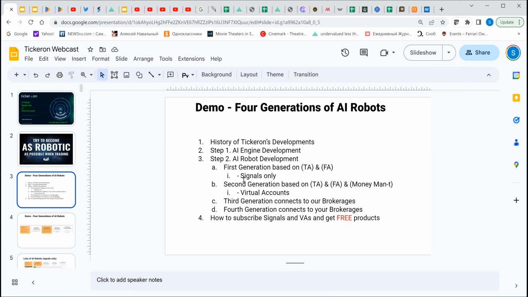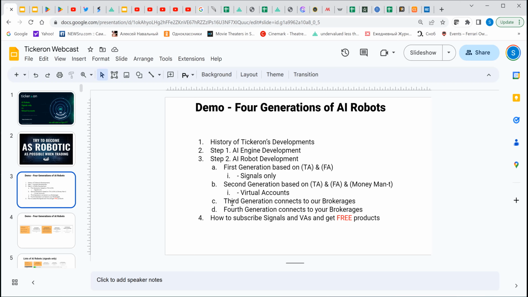The second generation is more complicated. We added money management to technical analysis and fundamental analysis. What it means in virtual accounts is you see the trades as if it were your brokerage account. You have a virtual amount, and you see how this virtual amount is being traded by the robot.